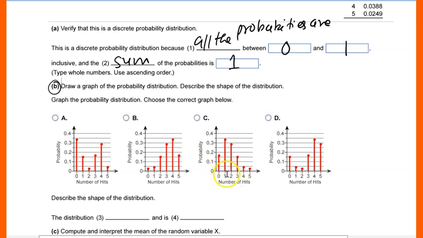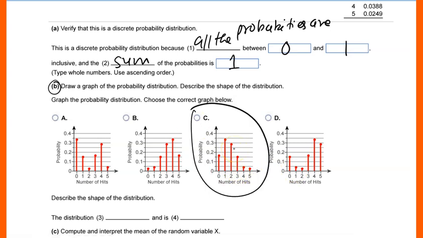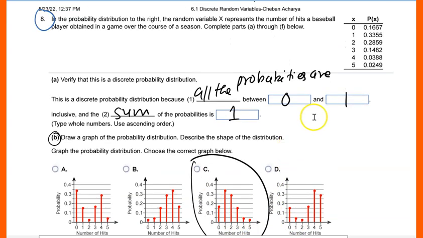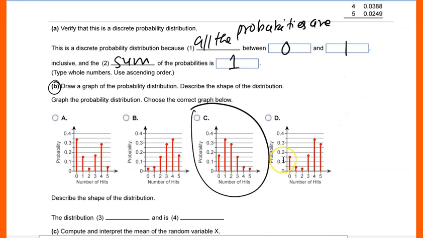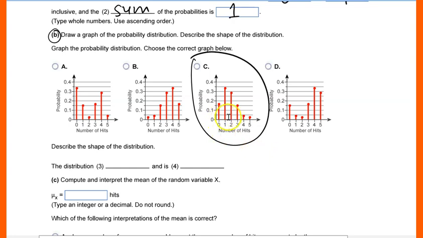Therefore this is C. I can easily see from this graph matching with this table, this is the correct distribution. And remember that only one has the highest frequency or relative frequency, therefore the mode is 1.